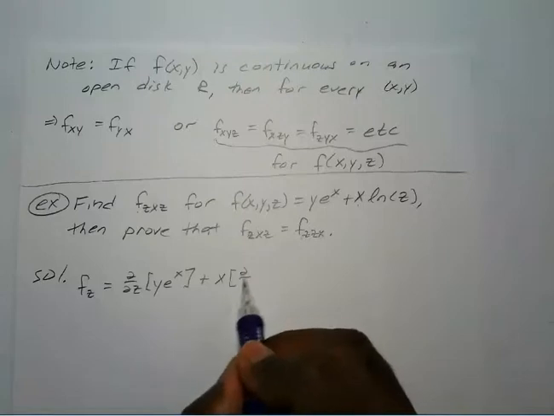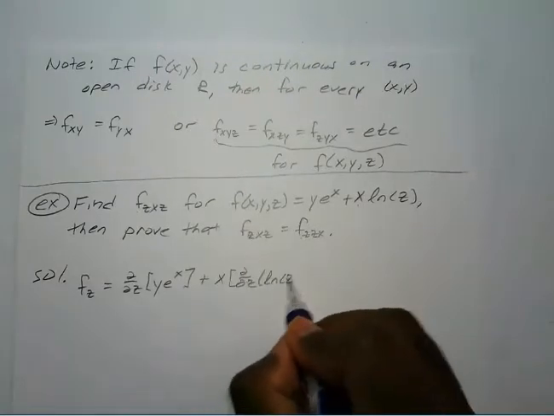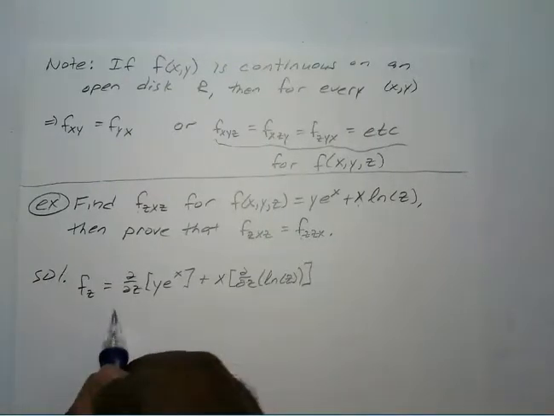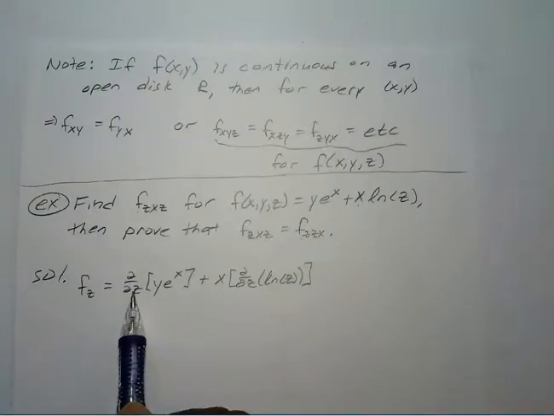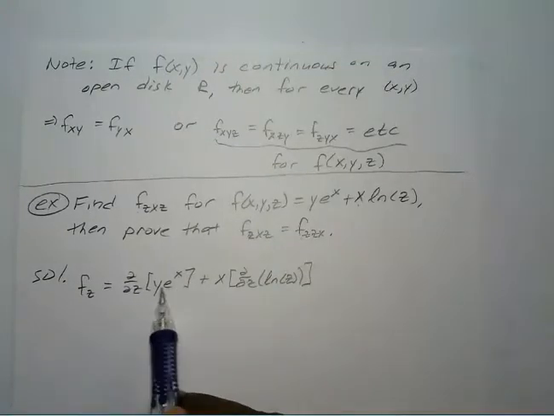In the first term, you have a y and you have an x, and e is a numerical value, but all of those are constants.